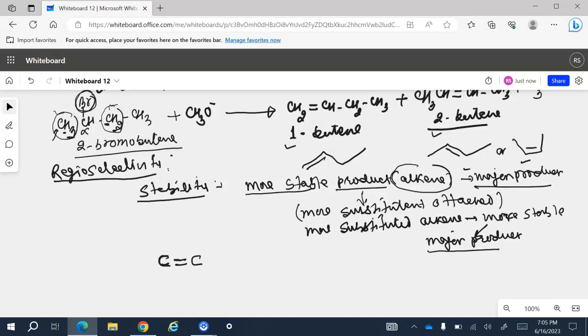So this carbon with the double bond will have two other groups attached, and the other carbon with the double bond, the sp2 carbon, also needs to have two other groups attached. If these are all hydrogen, we do not consider hydrogen as a substituent, so it does not have an alkyl substituent. That means it has what? No substituent.